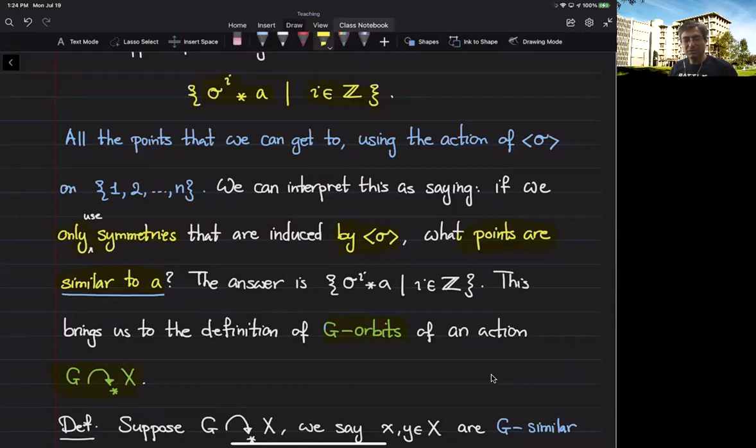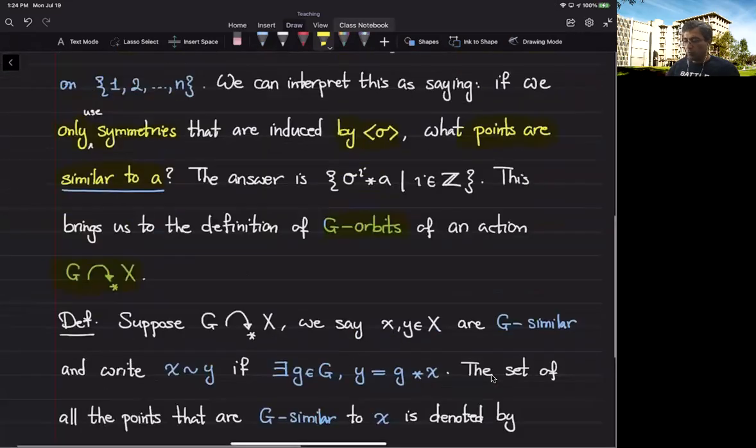If I just use symmetries using the elements of this group, to what other points of this set X can I reach? Those points we are going to call G-orbits. But let's make it more precise again.